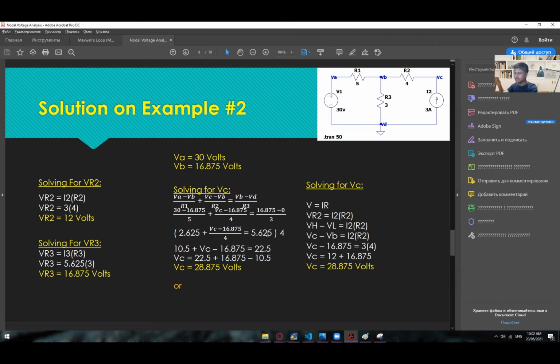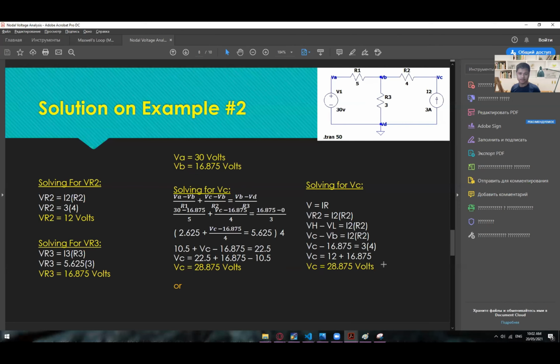So that's it for this example number 2. I hope you guys were able to follow on how we solved the VC. So we have 2 ways for that. Let me just ask you guys, are you able to follow?